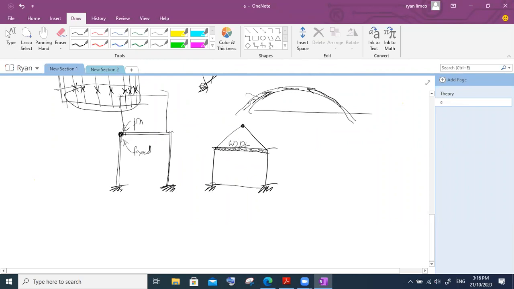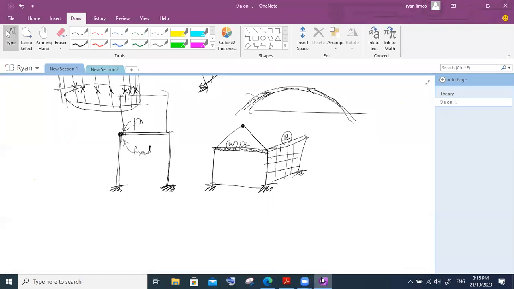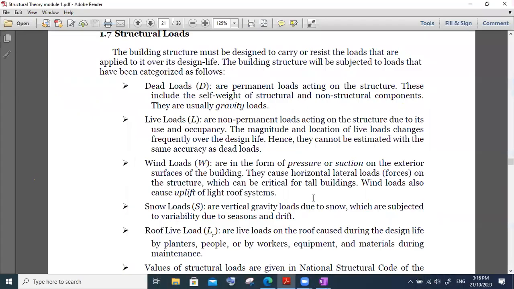Yung self-weight, no, ng structure natin. The permanent loads, yung nandyan na sa structure, nakakabit sa structure na hindi natin naaalis, those are considered as dead load. So, ulitin ko, this includes the self-weight of the structure.